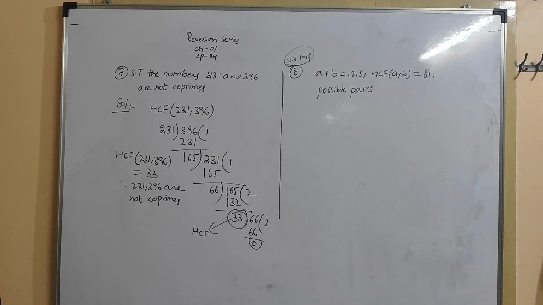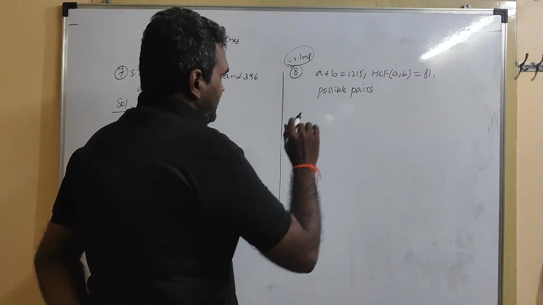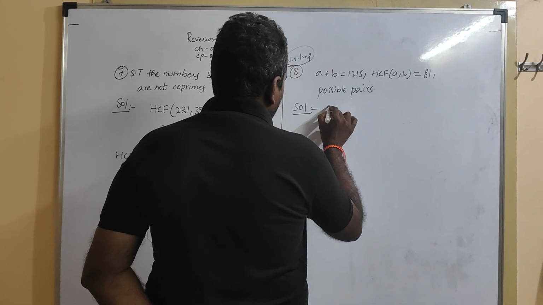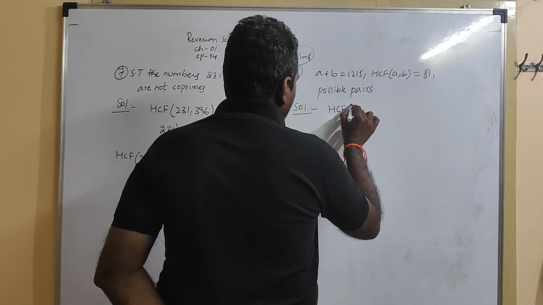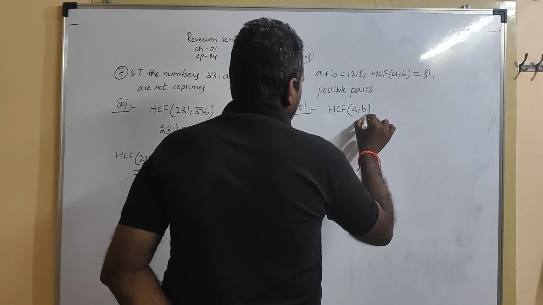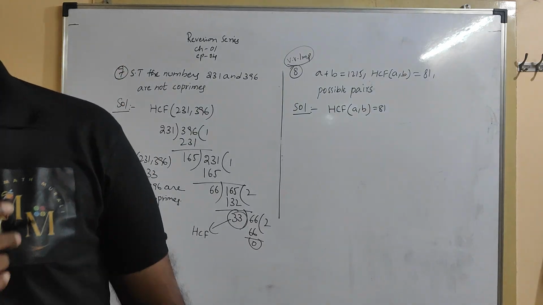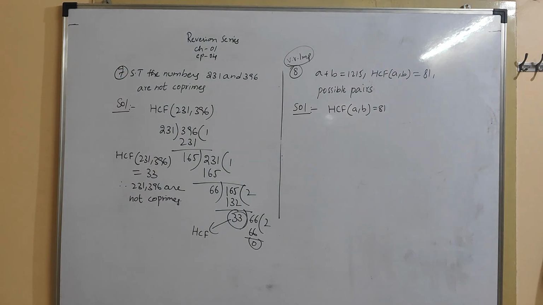See how to do, tell me. First see what is given. HCF of A comma B is given as 81. Correct or not? So how to write that HCF?